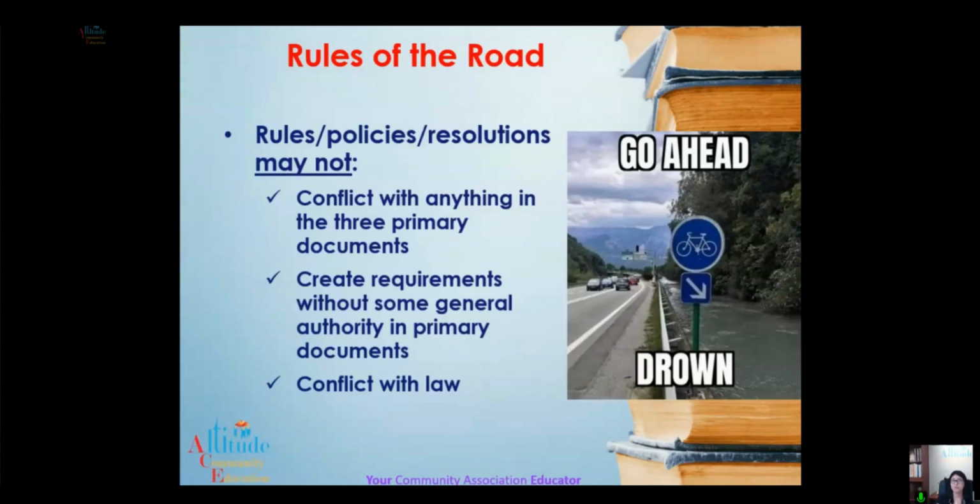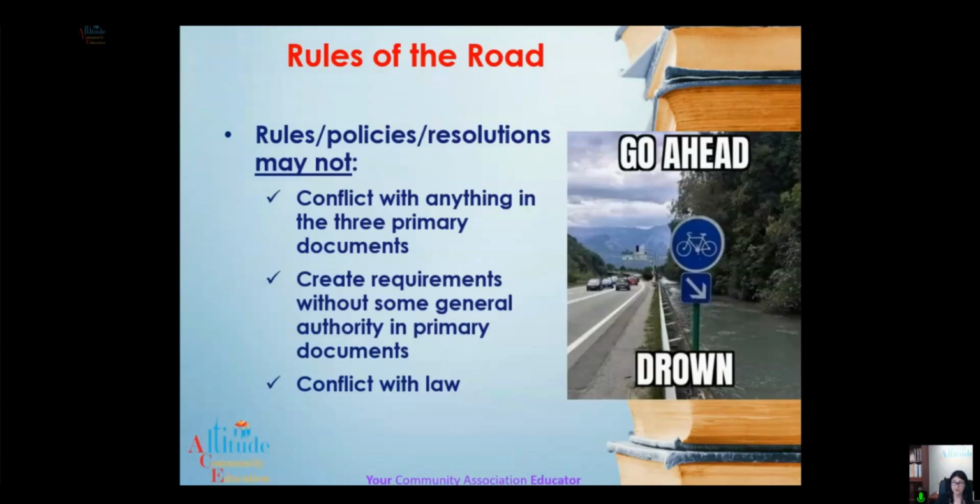And of course, I'm including the plat in that as well to the extent that there's anything in there. So can't conflict with anything in your 3 primary documents. You cannot create requirements without some general authority in your primary documents. And by the primary, I mean the 3 that I just talked about.